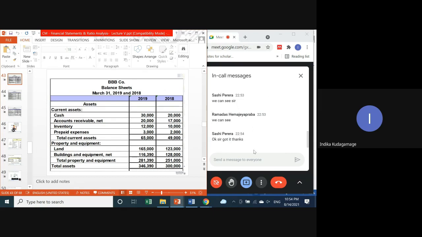Don't worry about the language. Though this is the English medium and you need to write things in English, the essence should go into your head. That's the aim. This is not an English class. Don't worry about English.